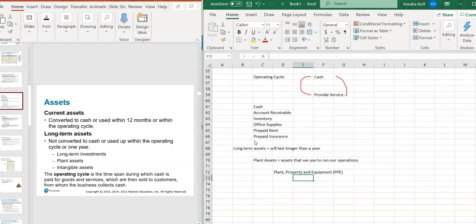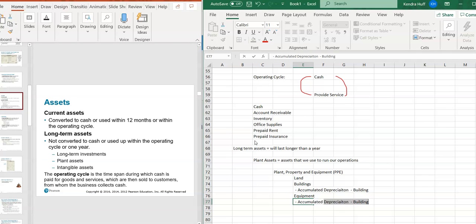And it's going to be things like land, buildings, your accumulated depreciation would go here as well. Remember, you're going to subtract it out, though. So your accumulated depreciation on that building, equipment, any accumulated depreciation on that.